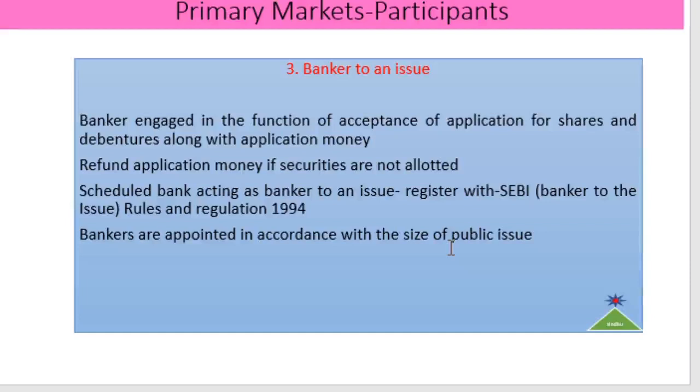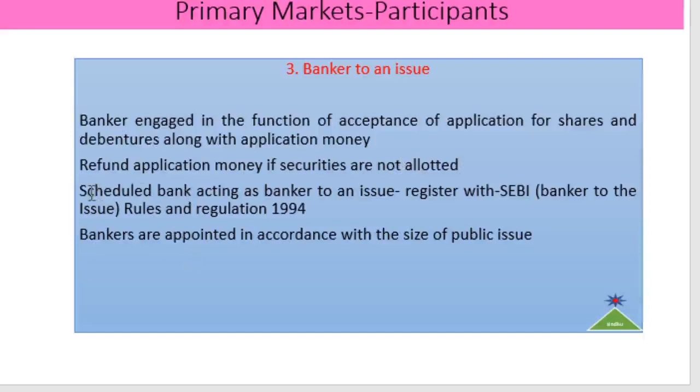These are the features of banker to an issue. The major function of the banker to the issue is the acceptance of applications for shares and debentures along with application money. If securities are not allotted, they need to refund the application money.